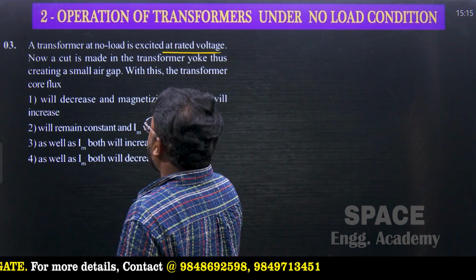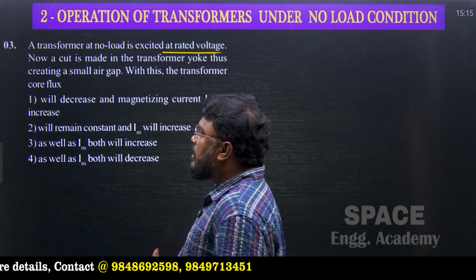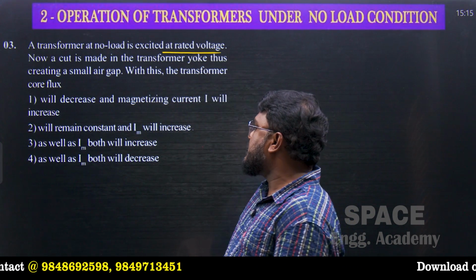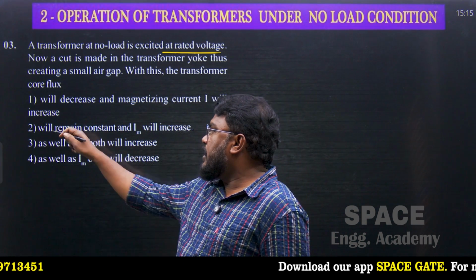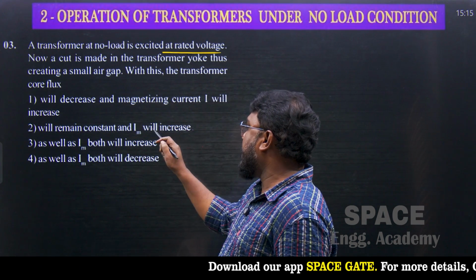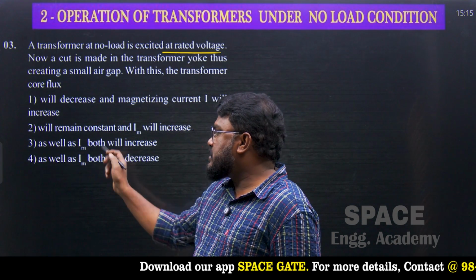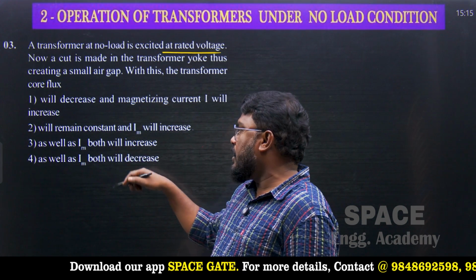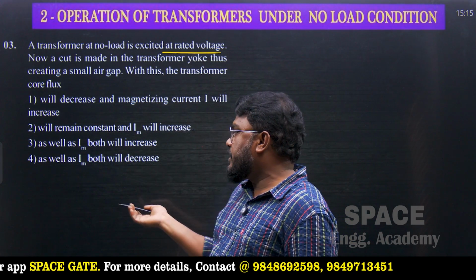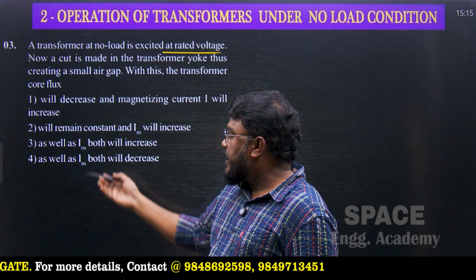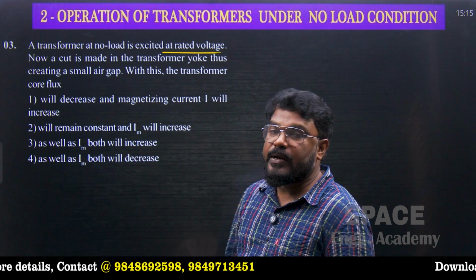With this, the options are: core flux will decrease and magnetizing current Im will increase; flux will remain constant and Im will increase; flux and Im both will increase; or flux and magnetizing current both will decrease.